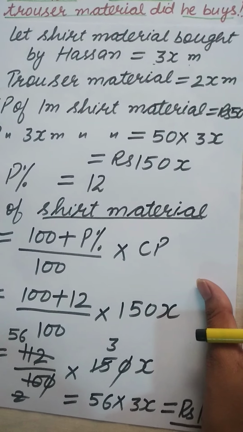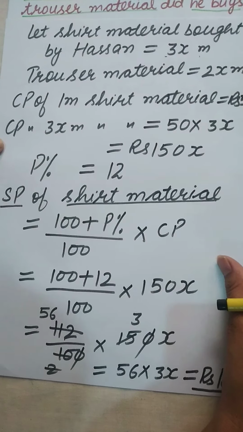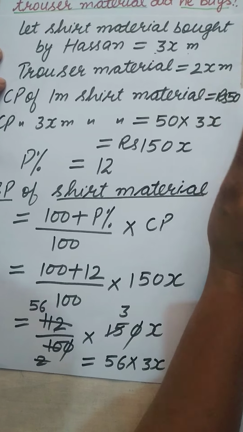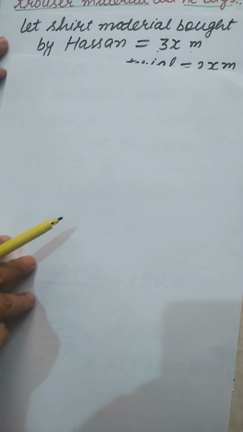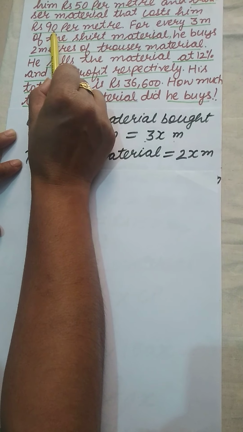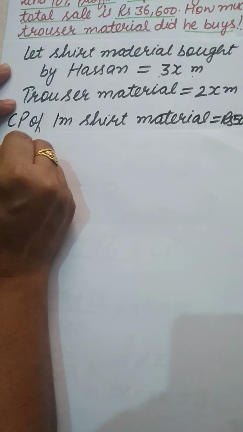In the same manner, we will calculate the selling price of the trouser material. As the trouser material is 2x meter and the cost price of 1 meter trouser material is rupees 90.